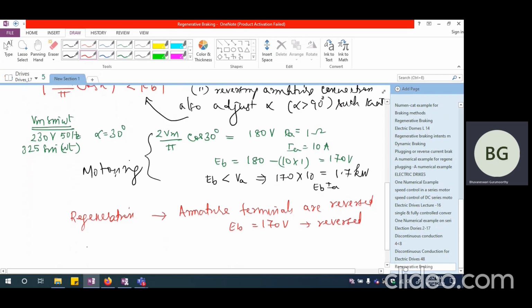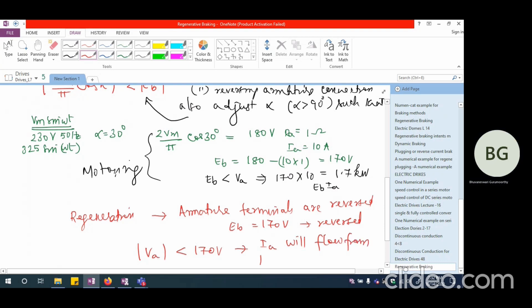And what I want is VA magnitude should be less than 170 volts. Only then IA will flow from the machine to the mains. Otherwise, it's not going to work like a generator.